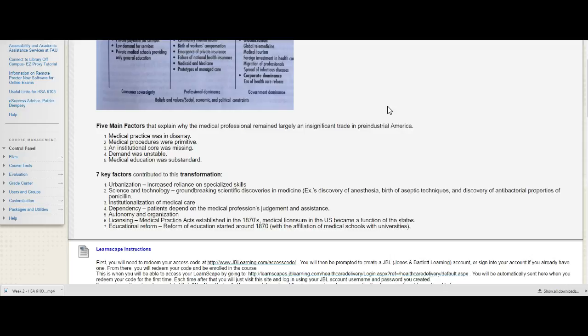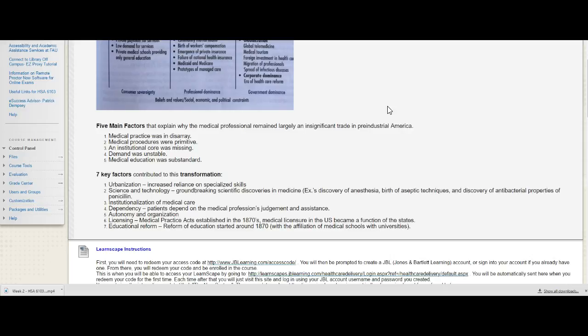Now, autonomy and organization is the fifth one. And then sixth is licensing. So in the 1870s, when the Medical Practice Acts were established, medical licensure in the U.S. became a function of the states.